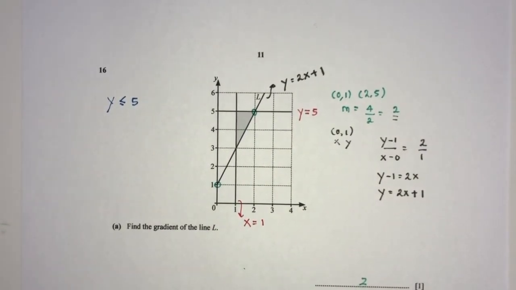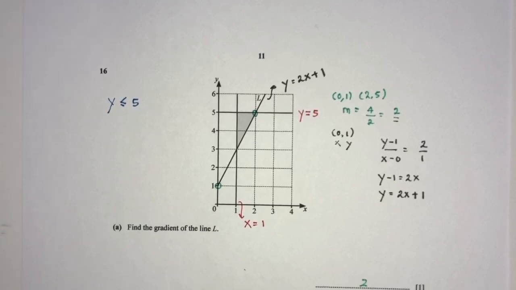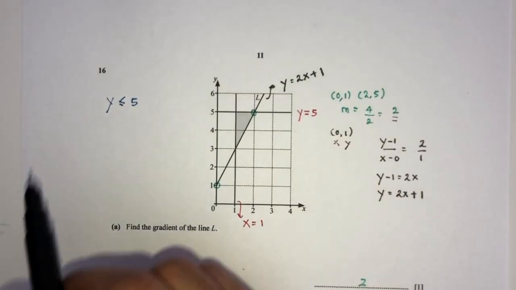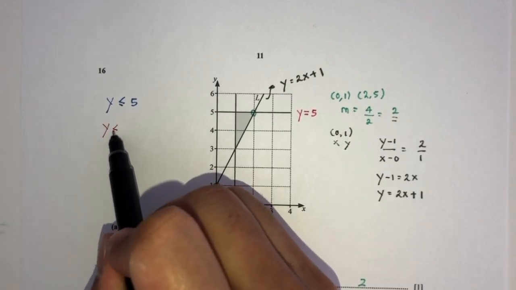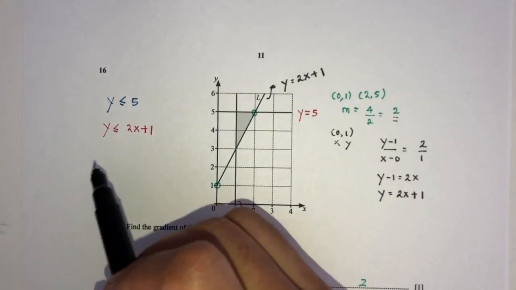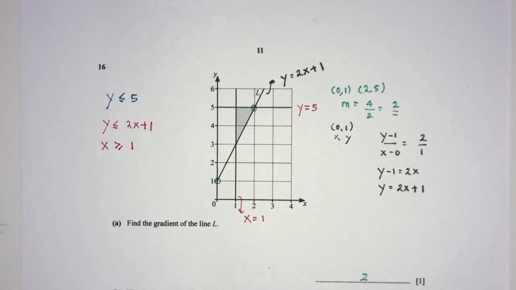I can use equal to, but I don't think it should be penalized as well if you don't use that, because the region shaded is usually inside. But anyways, you get the idea. It has to be below this one, on the left of this one, so that should be y less than or equal to 2x plus 1, and on the right of this one, that should be x has to be greater than or equal to 1. Okay, so that will be part B of your question.